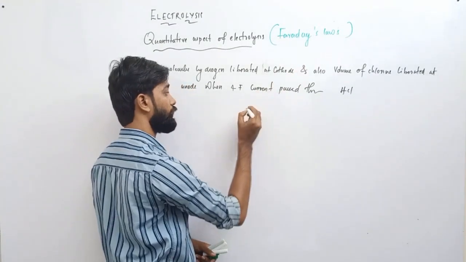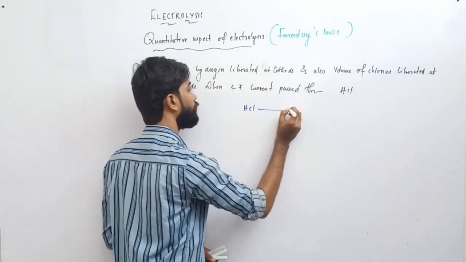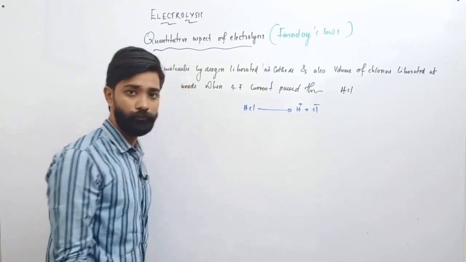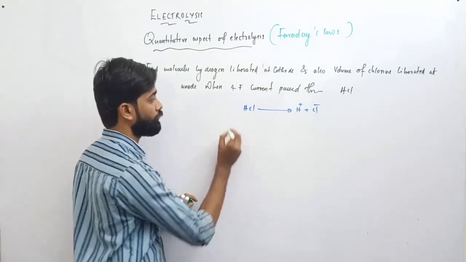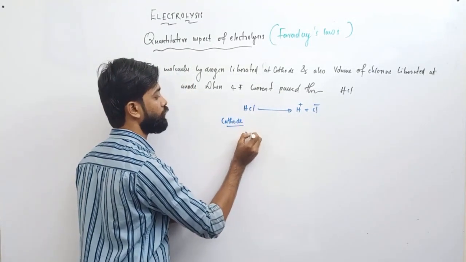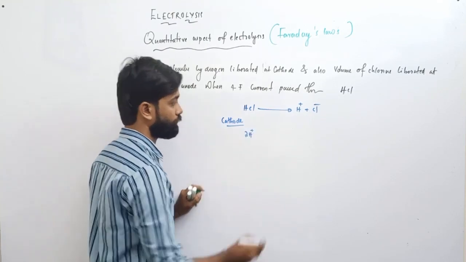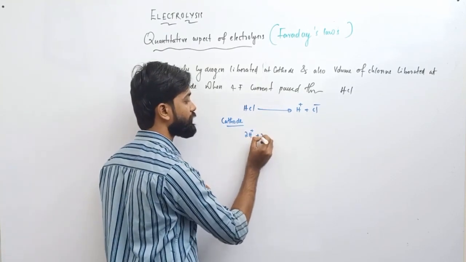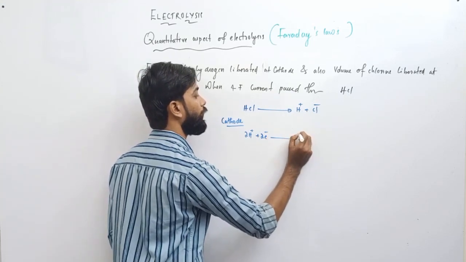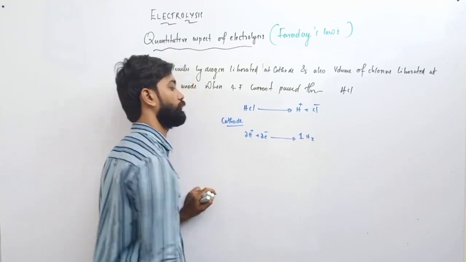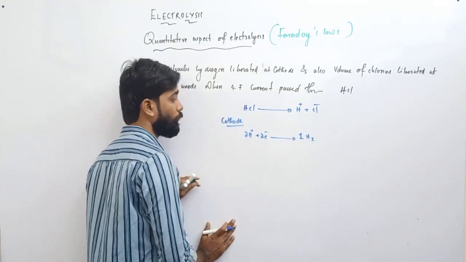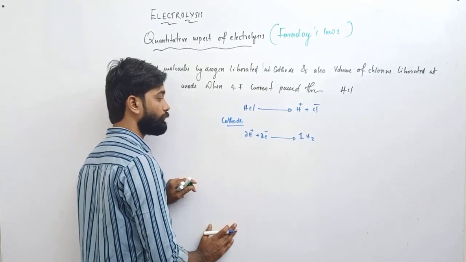Okay, listen here. We know that HCl becomes H plus and Cl minus. So these are the ions. What about the reaction? The reaction at cathode is 2H plus accepting 2 electron forms 1 H2. Ready? Is it okay? Like that.